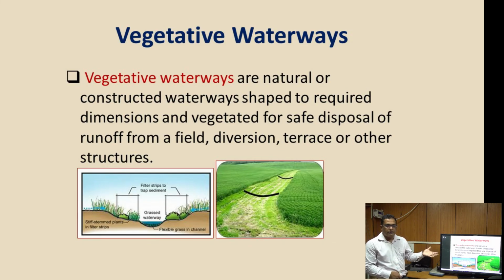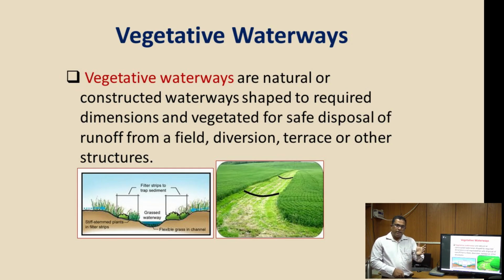Definitions and language can differ, but the basic thing is this: these are your bunds and terraces. The excess water from here comes through some small openings into a conduit called a grassed waterway. Why is it grassed, or a vegetative waterway?